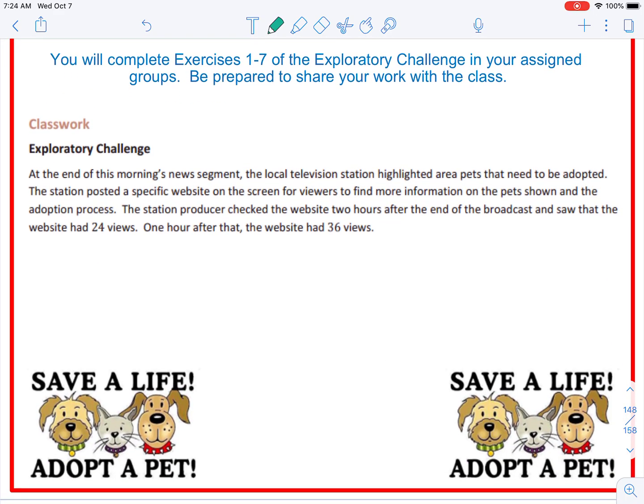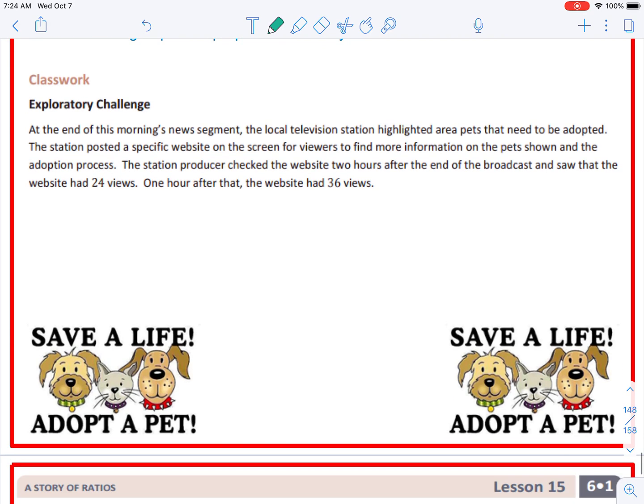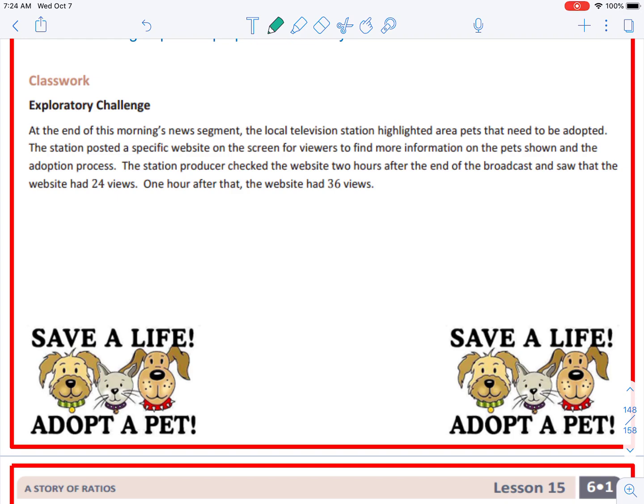So we will complete exercises 1 through 7 of the exploratory challenge together. Okay, so I'm going to read this passage, and we are going to complete some problems dealing with this passage. Okay, so listen carefully. At the end of this morning's news segment, the local television station highlighted area pets that needed to be adopted.